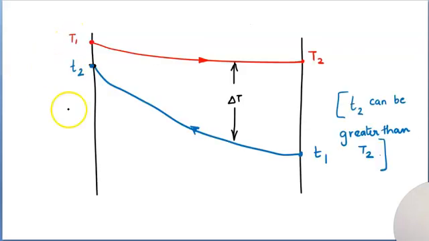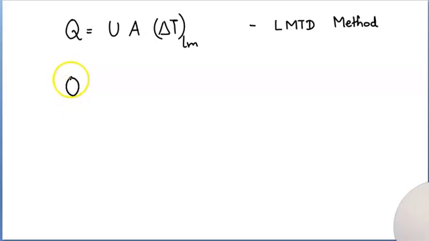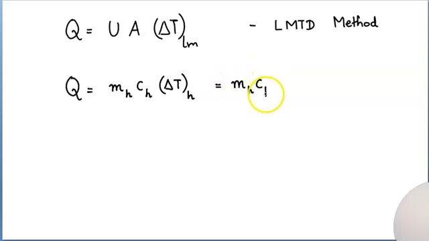Now if you look at the basic flow of heat in the heat exchanger, what is heat doing to the hot fluid? The temperature of the hot fluid is decreasing because of the heat transfer. So we can write Q, the heat transfer in the heat exchanger, equals MH CH delta T for the hot fluid. For the hot fluid we are using a capital letter, so I can write it as MH CH.